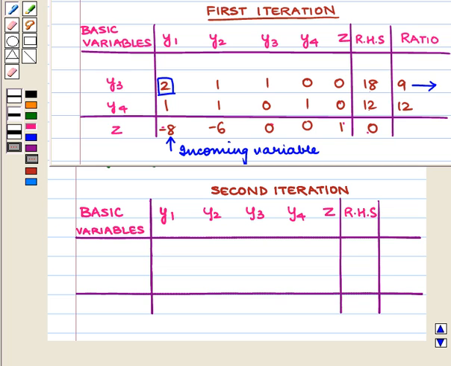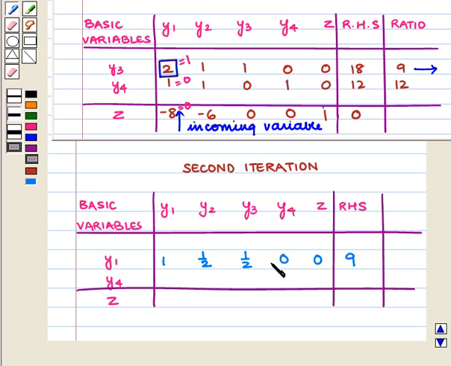Now we have to make the pivot element 1 and the other entries in the pivot column equal to 0. For this, we divide the pivot row by the pivot element 2, and on row 2 we apply the row operation R2 goes to R2 minus R1, where R1 is the row obtained after dividing the pivot row by 2, which is this.